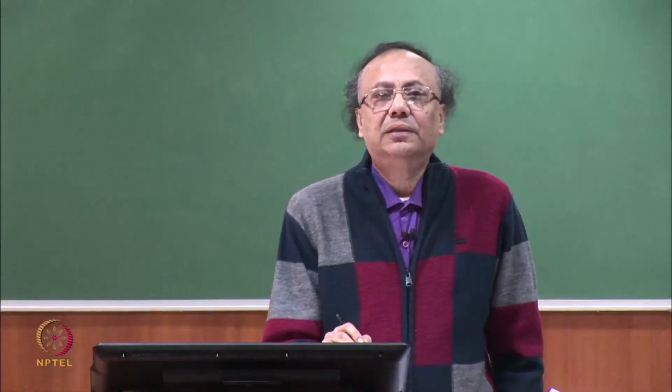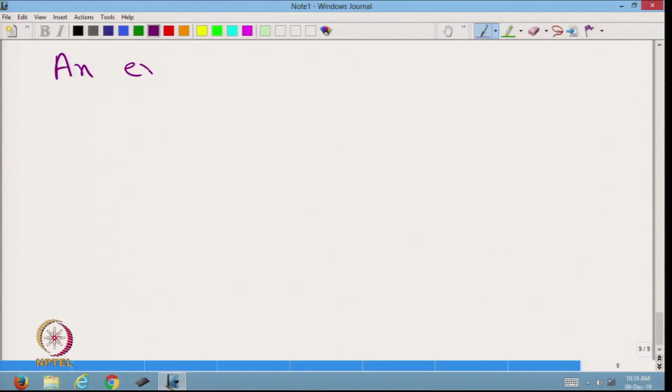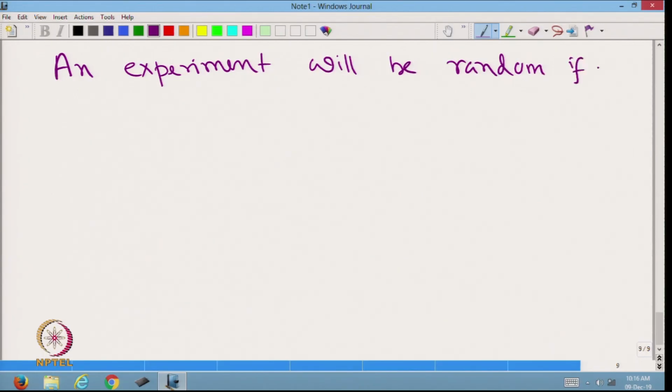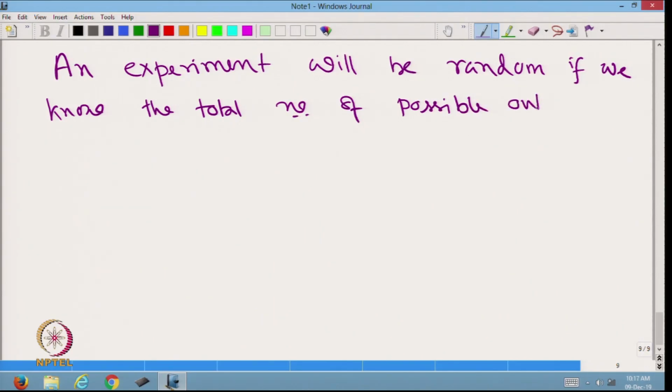An experiment will be random if we know the total number of possible outcomes, and that set is often denoted by omega.